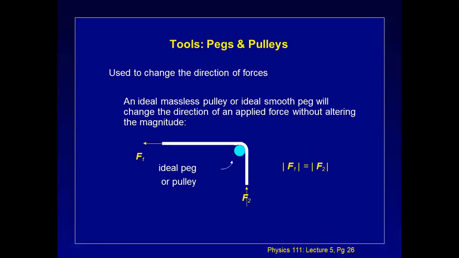Another type of problem involves pegs and pulleys used to change the direction of forces. An ideal massless pulley or ideal smooth peg will change the direction of an applied force without altering the magnitude. Please take note of the diagram.